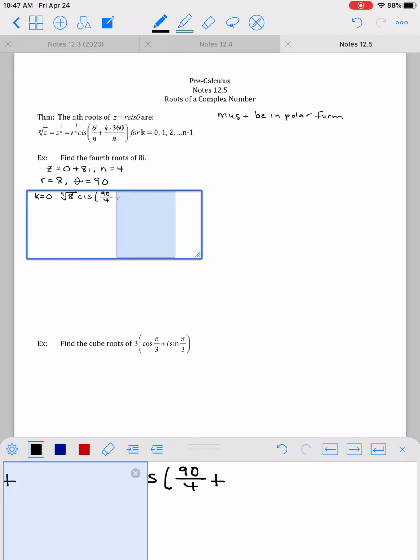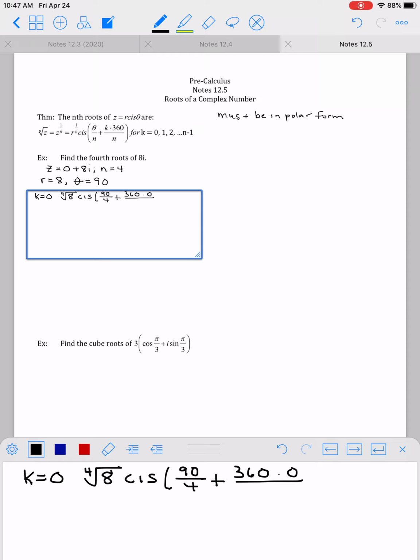And then we add a multiple of 360, so it's 360 times k, so that's 360 times 0 over 4. If we simplify, fourth root of 8 is not going anywhere, cis, 90 divided by 4 is 22.5. This part would be a 0, and this would be the first complex root in polar form.